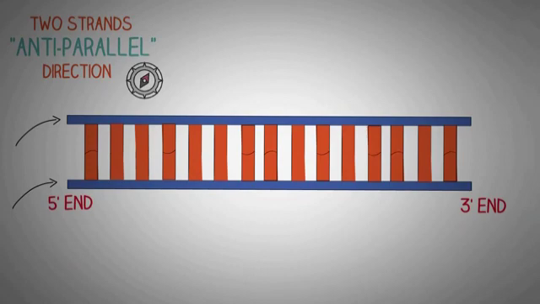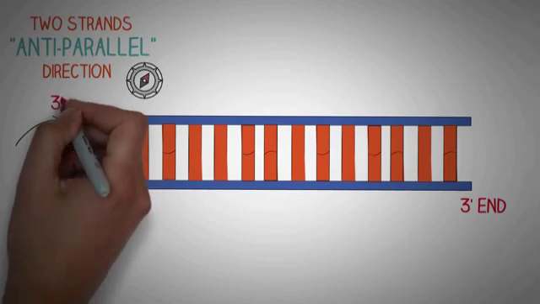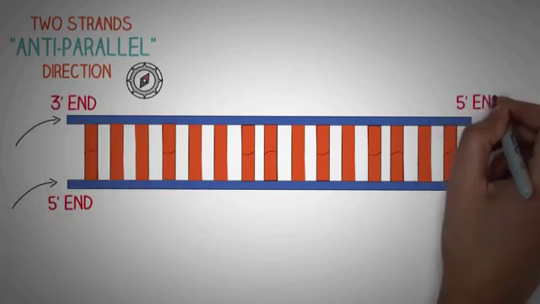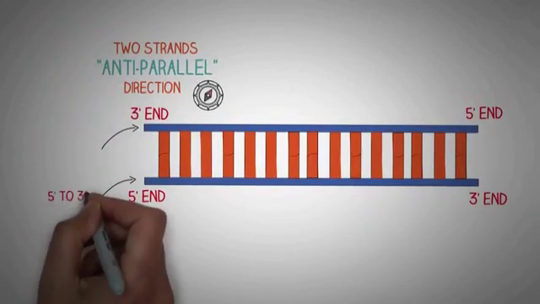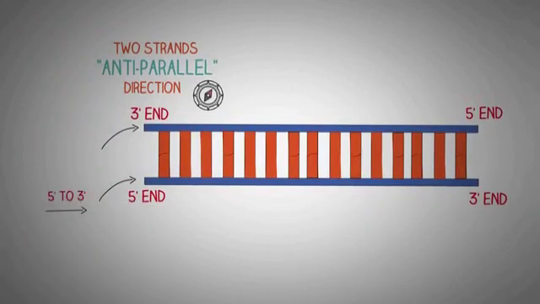And since the strand above is running in completely opposite direction, it will have its 3' end on this side and its 5' end on this side. So the strand below is said to be running from the 5' to 3' direction, and the strand above is said to be running from the 3' to 5' direction.